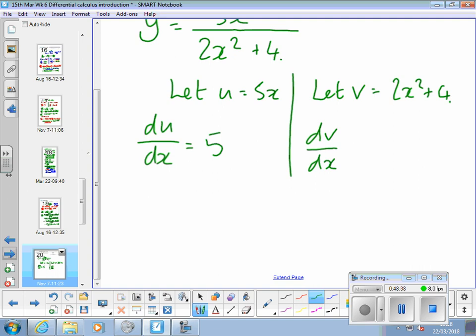And dv by dx, we differentiate each of these separately. So we differentiate 2x squared, 4x to the 1, we don't bother to write the 1, differentiate a constant, disappears.